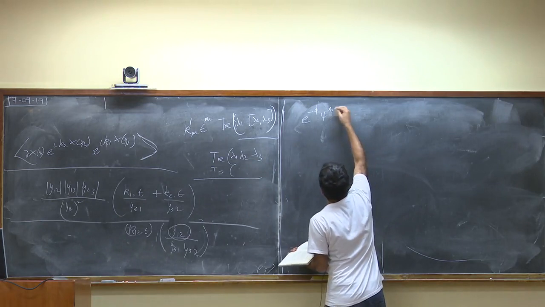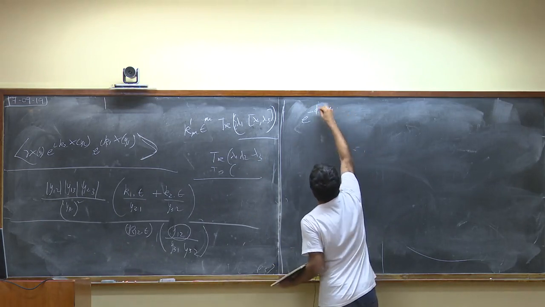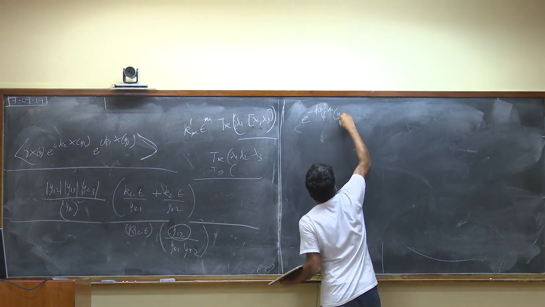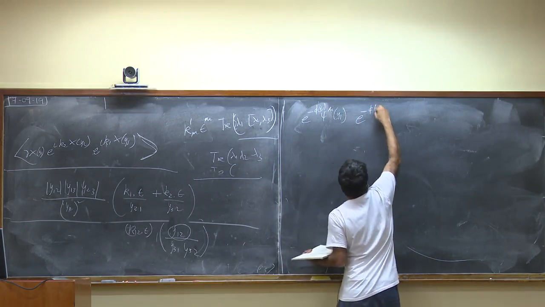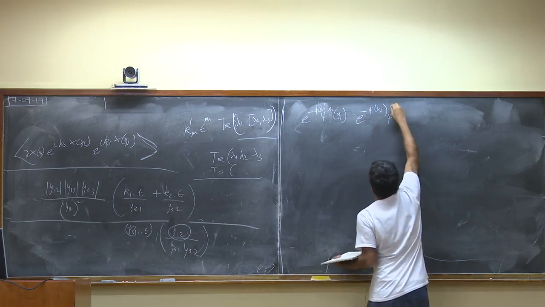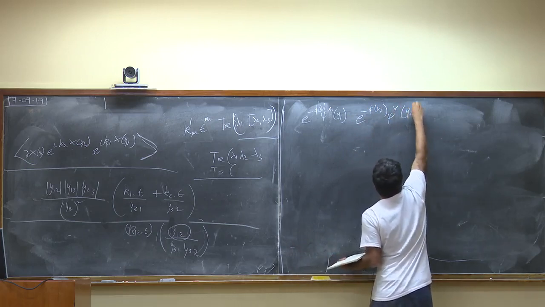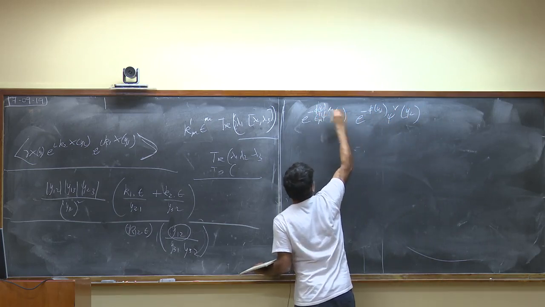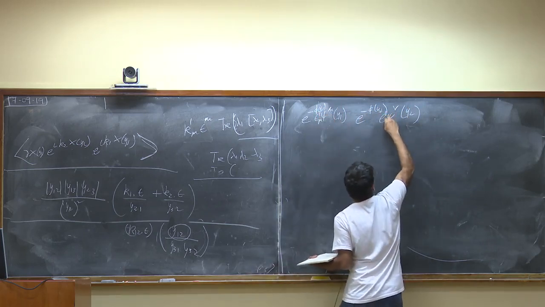So let's put this at sigma 1 or y1, e to the power -phi psi mu, and at y2, e to the power -phi psi nu. Let's say this is dotted with epsilon 1 mu, and this is dotted with epsilon 2 nu.